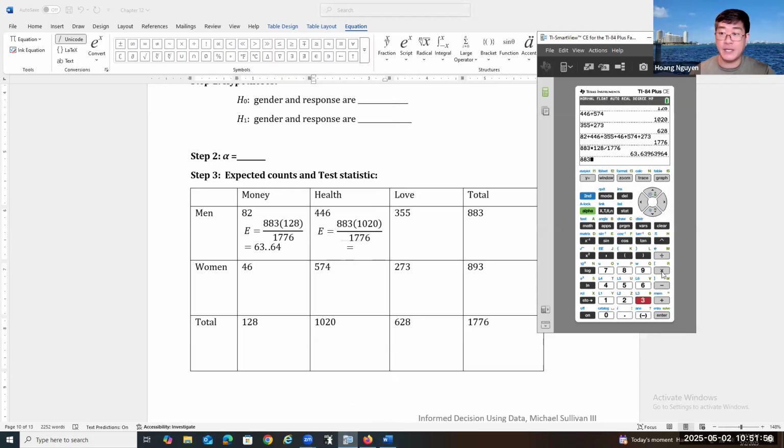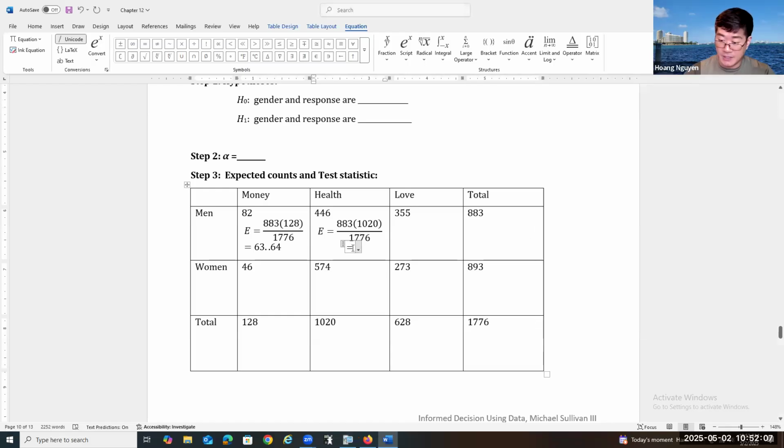So 883 times 1020 divided by 1776 is 507.13.